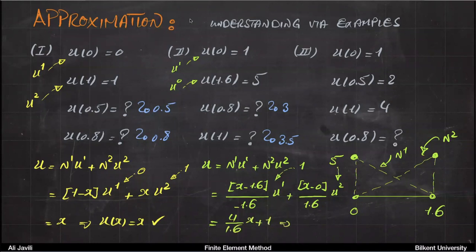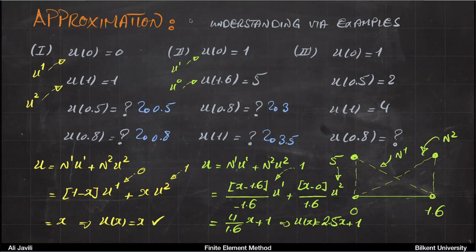So here your function would be u(x) equals 2.5 x plus 1, which justifies these numbers. So, sorry, it would be 2.5 x plus 1, which now tells you why this happens.